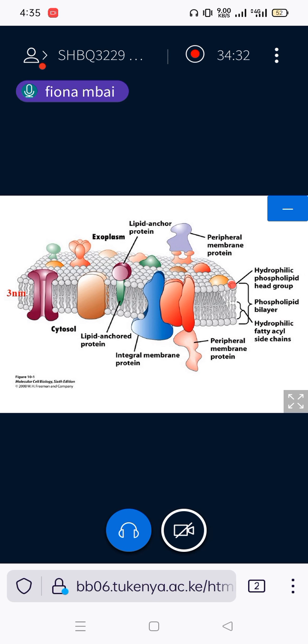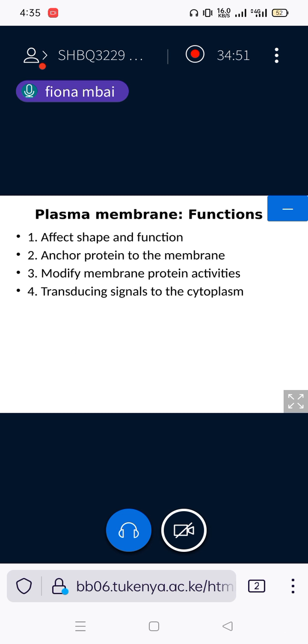Then you have the hydrophilic phospholipid head there and there. And this is the hydrophobic fatty acid side chain, and those constitute the phospholipid bilayer. I know I'm tending to sound repetitive, but you will find out why as we go on.